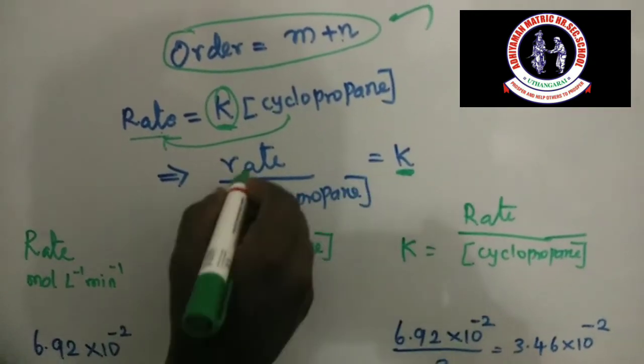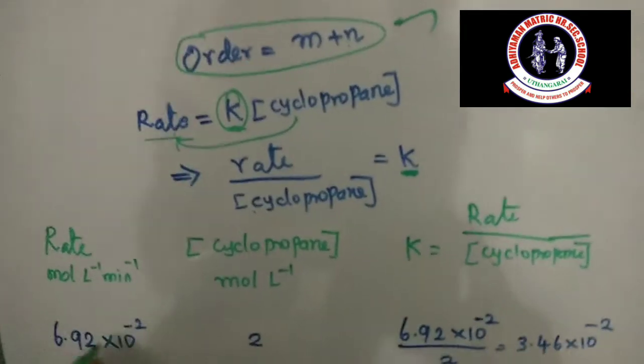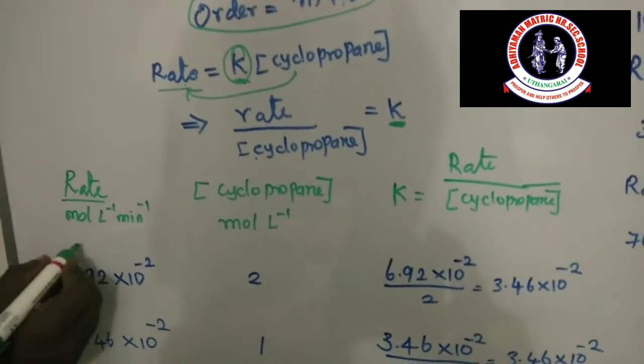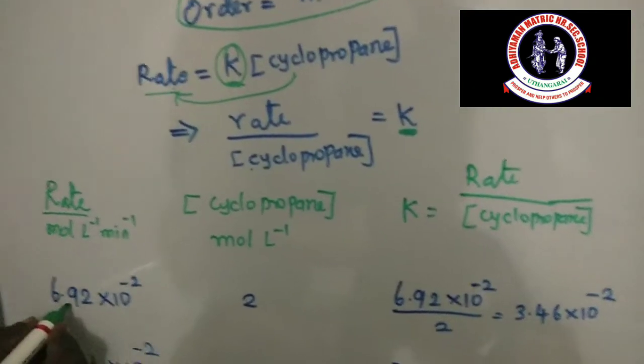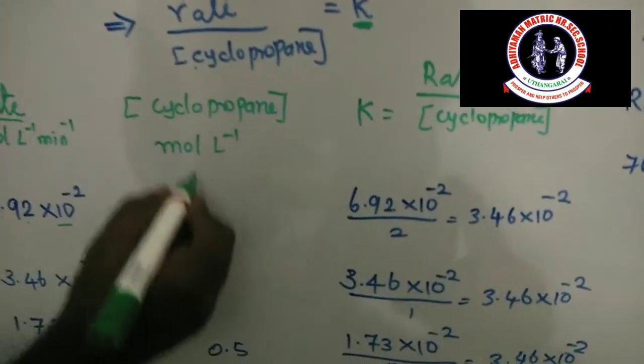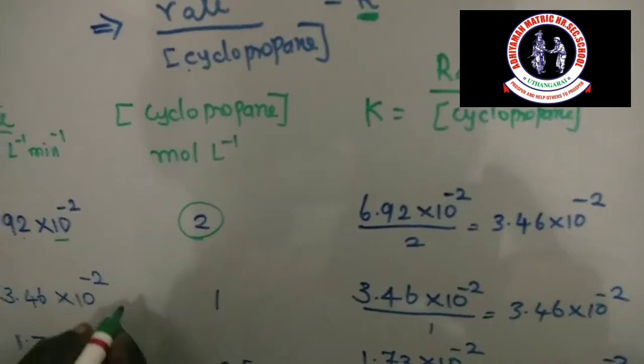So K is equal to rate by concentration of cyclopropane. Now the experimental value of the rate is 6.92 into 10 to the power of minus 2. The concentration of cyclopropane is 2 mole per liter.